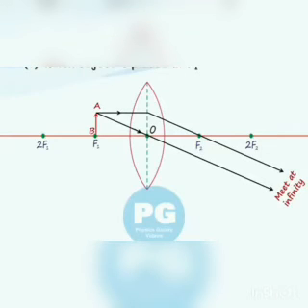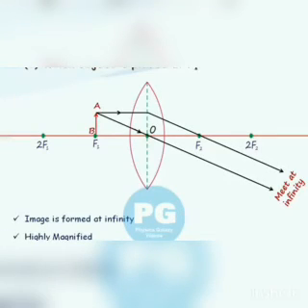So here these two rays are not joining. So we can consider that they might be meeting at infinity. So we can take the image as formed at infinity, and it will be a highly magnified image if it is joining somewhere at infinity. And it is a real and inverted image too.